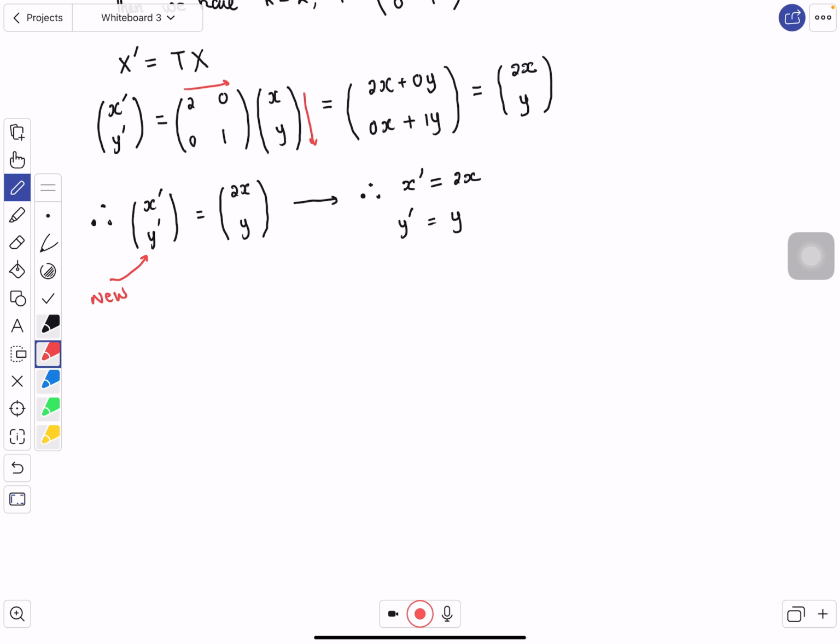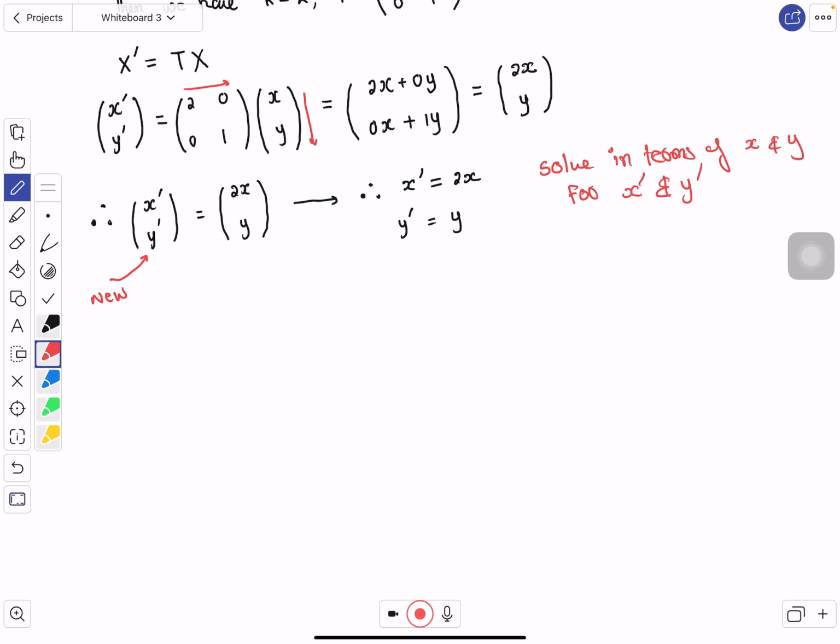And what we want to do is solve for x and y in terms of x dash and y dash.